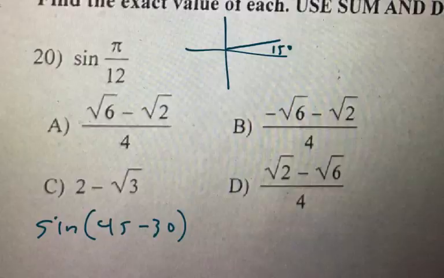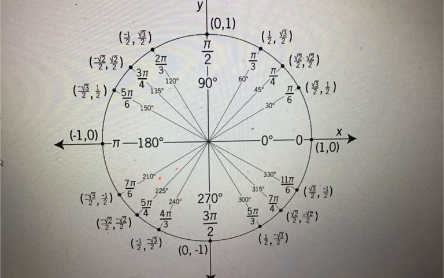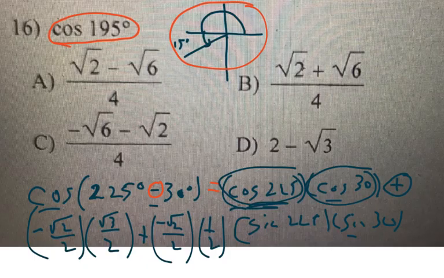Let's just double check though. So right here is 225. Sine is the y coordinate. Notice the same as the x, or the cosine if you want to call it that. So negative square root 2 over 2. The sine of 30 is, of course, the y there, 1/2. So now we're almost done here, right?